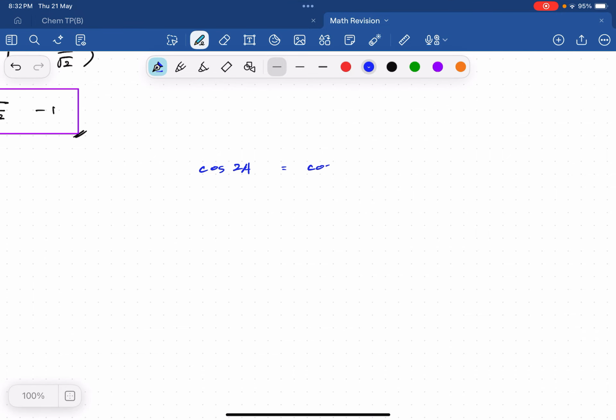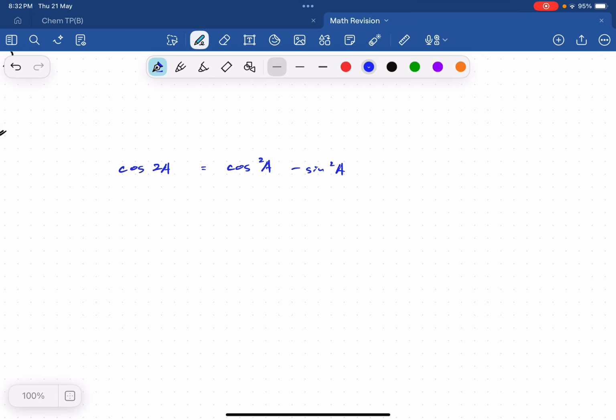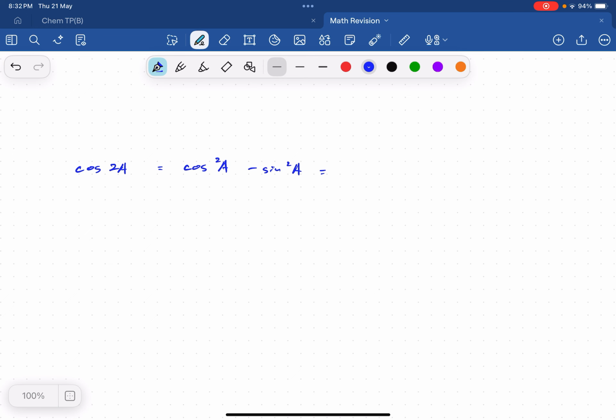Now there are three ways that you can write the double angle formula of cosine. And I am sure which way to use in the present context of the question has been a mystery to you since Sec 4 A Math and will continue to be a mystery to you all the way until you sit for your A-levels. Basically, you see that I can use this to simplify a lot of things.